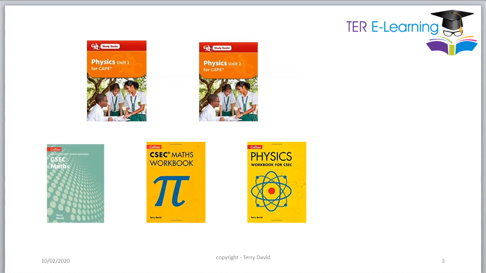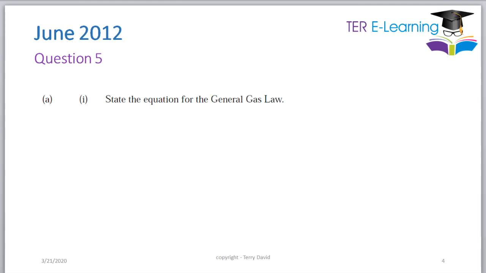So continuing from where we left off last week, we were doing the June 2012 paper, and we were on question 5. So let's continue with this paper. Question 5 says state the equation for the general gas law. Now, we basically have 3 gas laws.